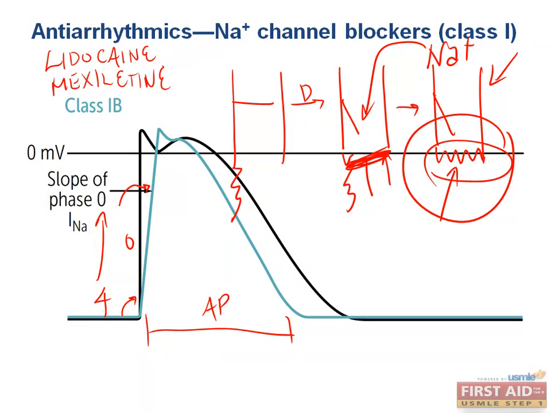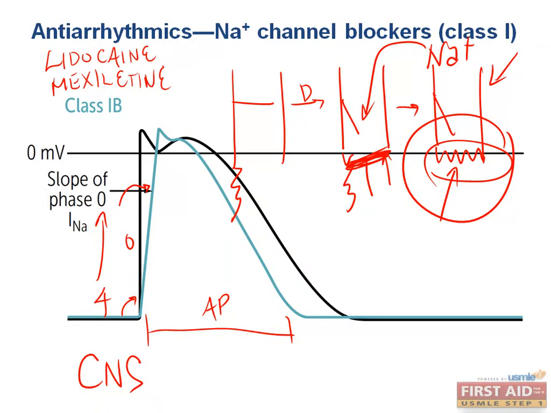The side effects are due to the ability of these drugs to enter into the central nervous system. They can also excessively depress myocytes. They are very lipophilic, so they can easily enter the brain. Anytime you block a sodium channel in the brain, you need to watch out for symptoms of blocking your brain's ability to conduct signals along its neurons.